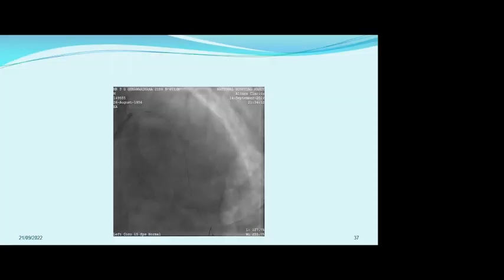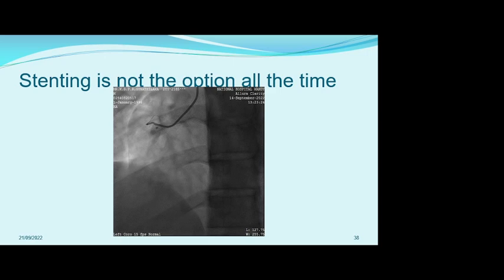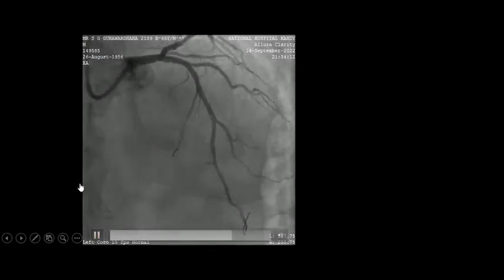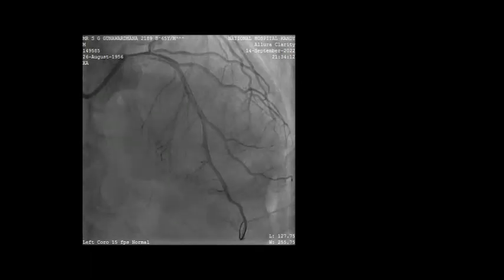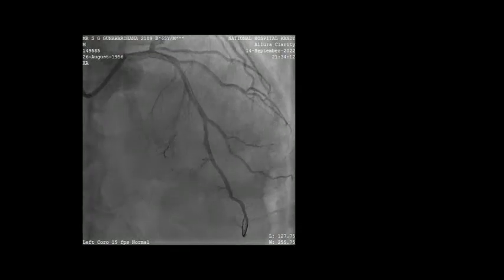We managed to cross the wire and a balloon and inflate the balloon across the occluded coronary artery. And finally, a stent is placed across the occluded artery. So this is how the primary PCI is happening.